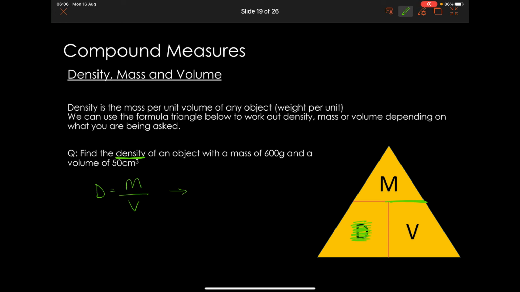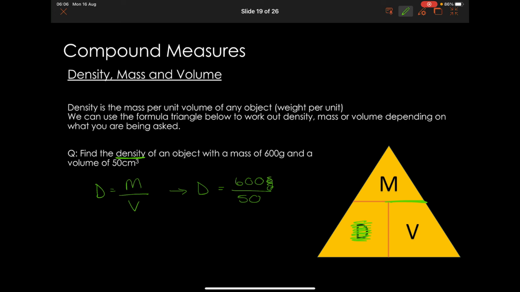So density equals 600 grams over 50 centimetres cubed. You don't actually need the units. Depending on whether this is a calculator paper or not, we do 600 divided by 50.